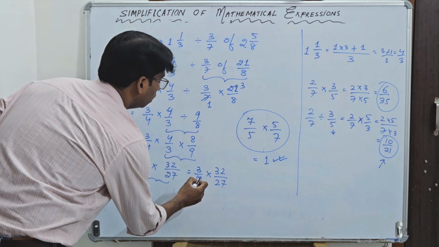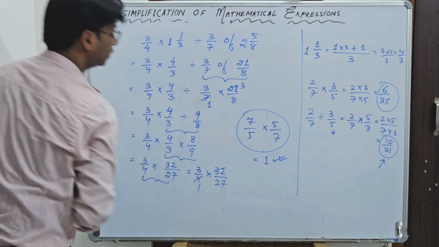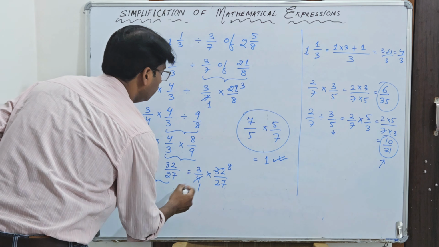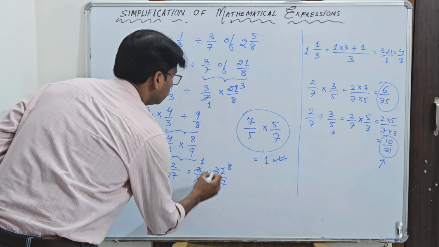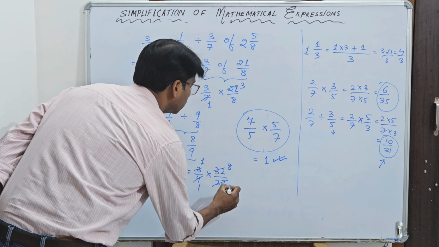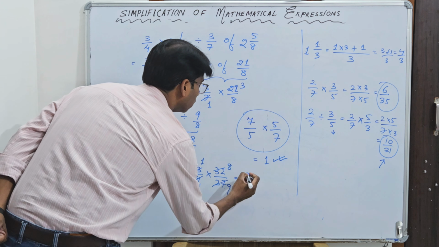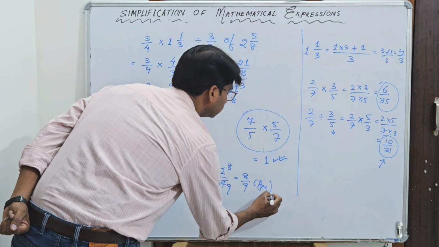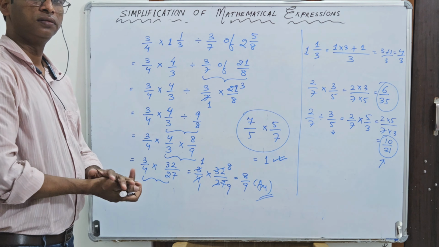Now you see 4 and 32 can be simplified. It will be 8 here and 1 here. And 3 also can be simplified with 27. 3 divided by 3 is 1. 27 divided by 3 is 9. The answer is 8 by 9. Understood all of you?